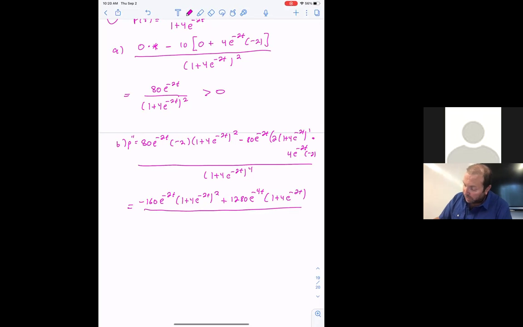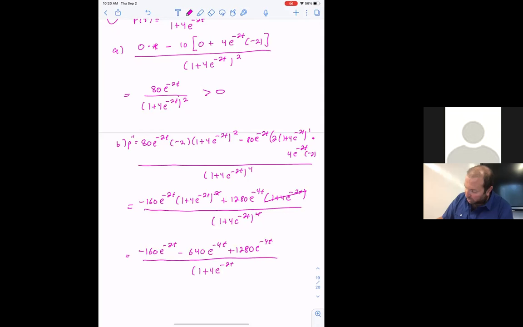All over 1 plus 4e to the negative 2t to the fourth. Cancel 1, cancel 1, cancel 1. And we get negative 160 e to the negative 2t minus 640 e to the negative 4t plus 1280 e to the negative 4t, all over 1 plus 4e to the negative 2t cubed.